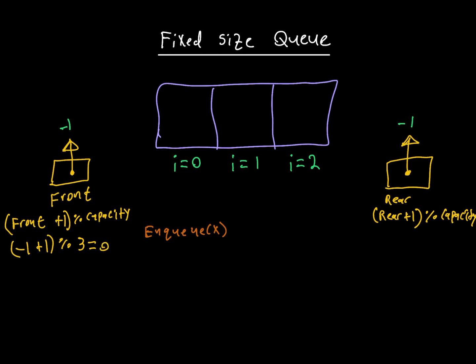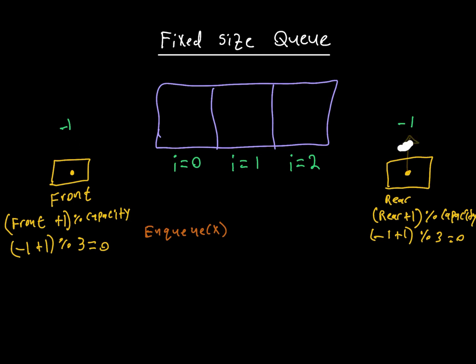Same thing for rear. We're going to do -1 plus 1 modulo 3. Now we're doing it for both of them right now because currently they're both pointing outside. In other scenarios, we wouldn't move both of them, but we'll get to that in the example, right?